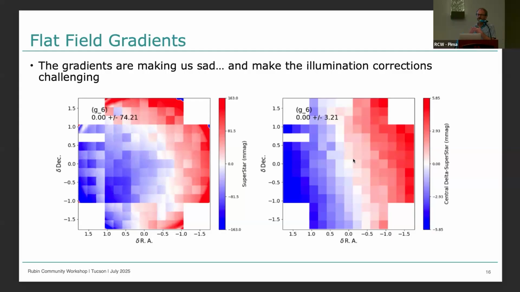This is the difference between the flat field from the flat field system and the response to focused light through the stars. And you can see there's a very large gradient. The amplitude, which you can't see, is it goes from minus 160 to 160 millimags.